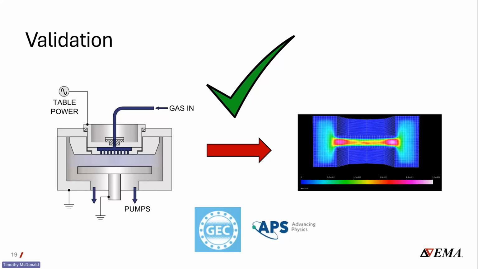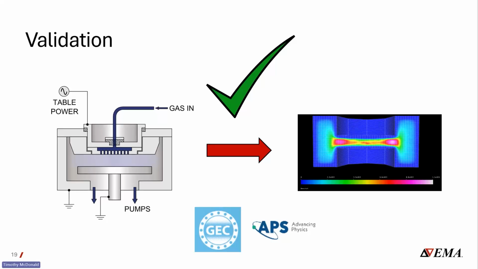The next question everyone should ask is, that sounds great, but can you get the right answer? That's a complicated question because in this field, recipes and results are highly proprietary, highly sensitive. Luckily, there is a forum for collaboration, the Gaseous Electronics Conference, or GEC, and they have a standard reactor that uses argon plasma.